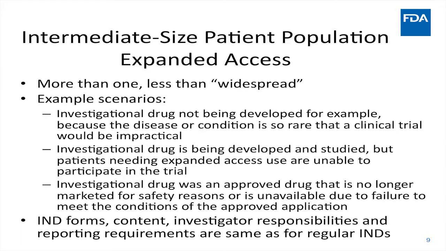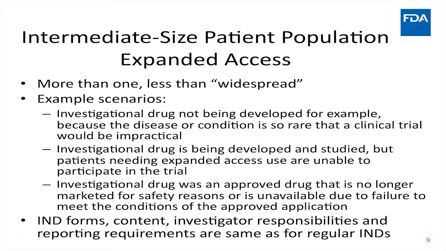That includes if the investigational drug is not being developed because a disease or condition is so rare that a clinical trial would be impractical. A scenario where the investigational drug is being developed and studied, but patients needing expanded access use are unable to participate in the trial because they don't meet inclusion-exclusion criteria, for example.